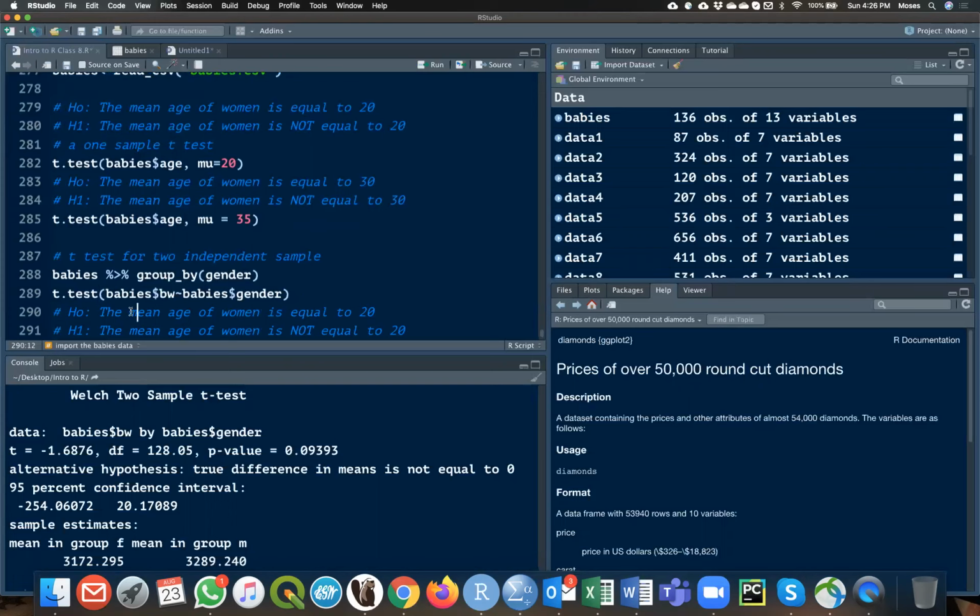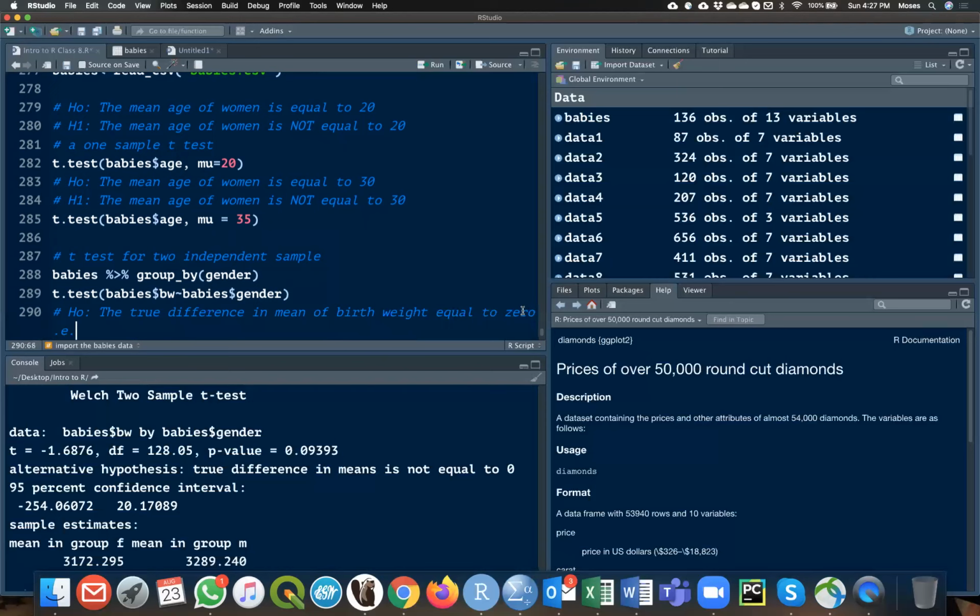So here it will be the true difference in means of birth weight, and this will be equal to 0. What does this mean?